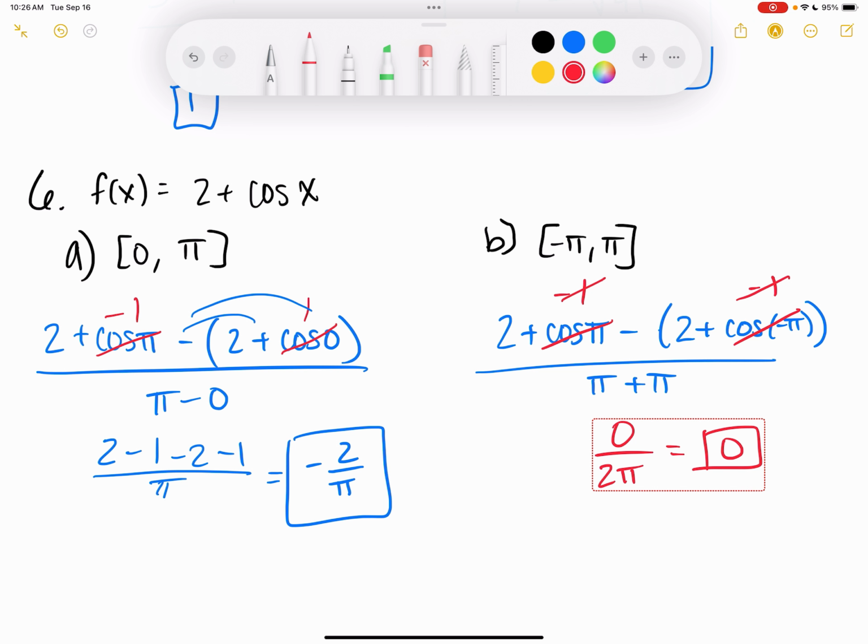Once you know derivatives, it'll be a walk in the park. You'll never use this method again after this chapter, most likely. Unless a problem tells you, like on the AP questions, sometimes one of them will say something like, use the definition of limits to find blah, blah, blah. That's probably the only scenario in which you're going to use this method going forward.